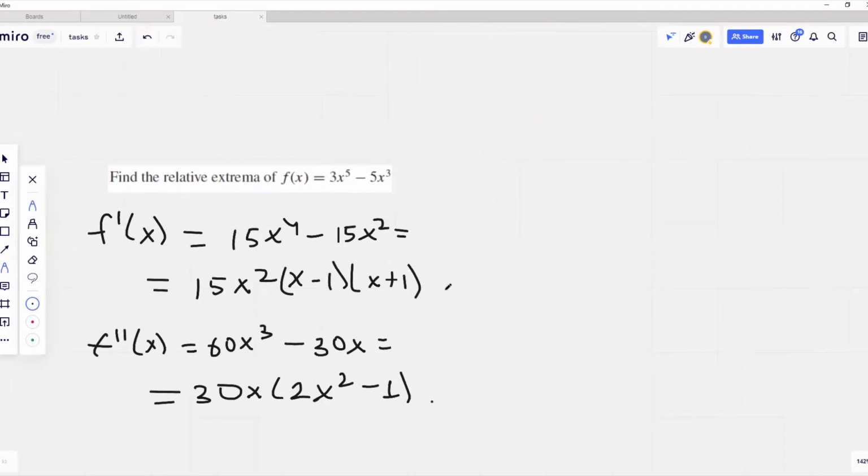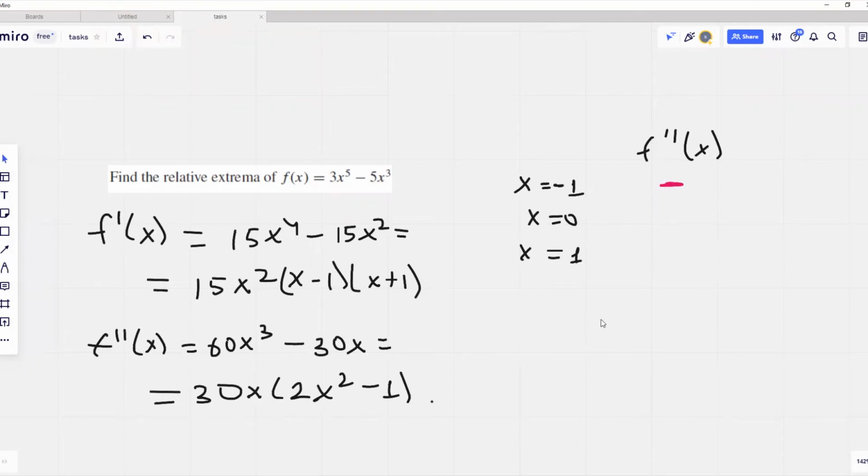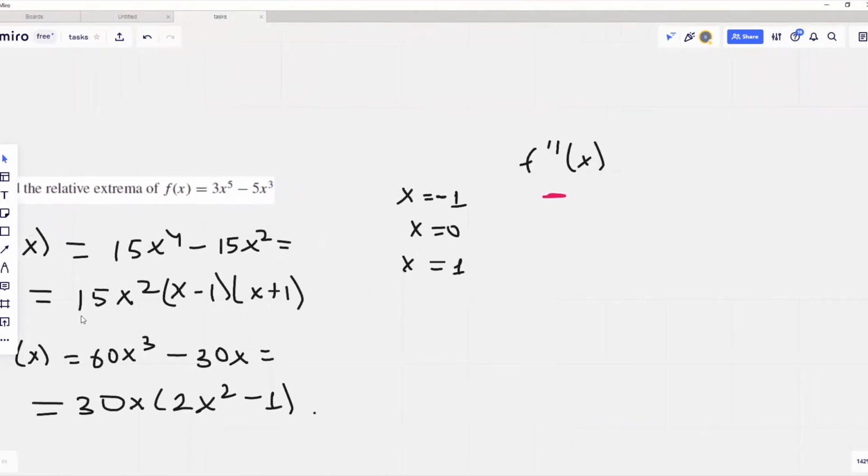So we have three stationary points: x equal to 1, x equal to 0, and x equal to minus 1. Now let's check the sign of the second derivative at these stationary points. So if we substitute minus 1 here, this is positive, this is negative. So the sign of the second derivative is negative at point x equal to -1, meaning that our function is concave down.